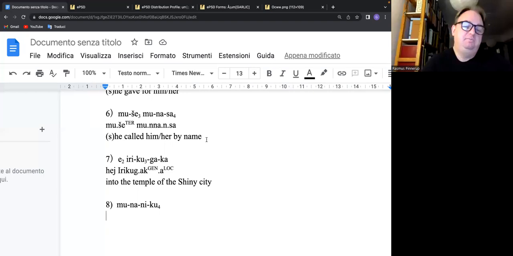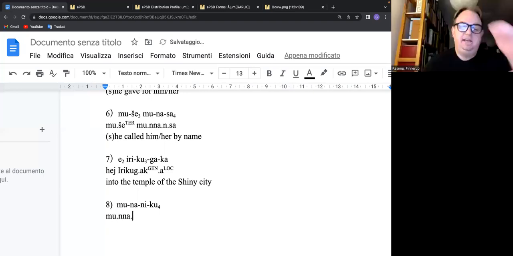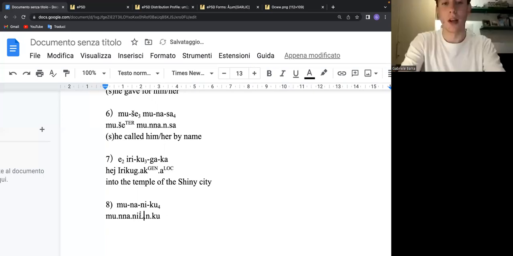Muna-ni-ku. Yeah. So he or she entered into it for him. So the na is the dative, and the ni would be the locative dimensional prefix, most likely, yes.